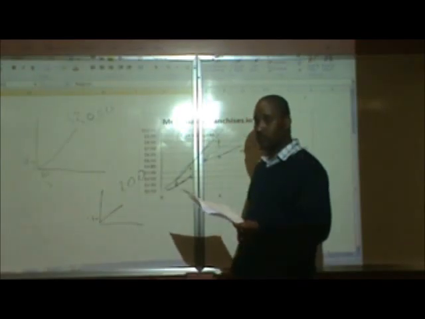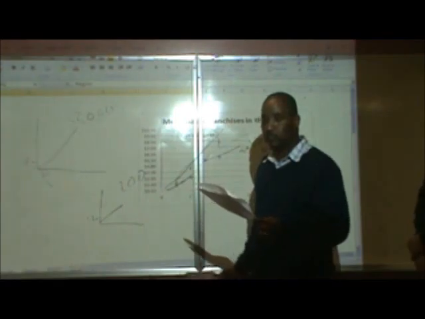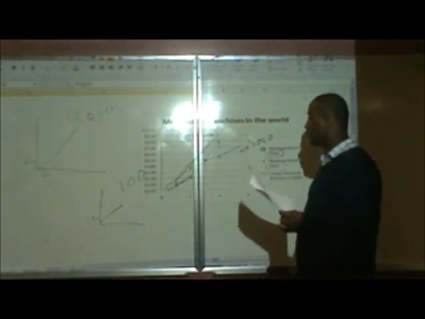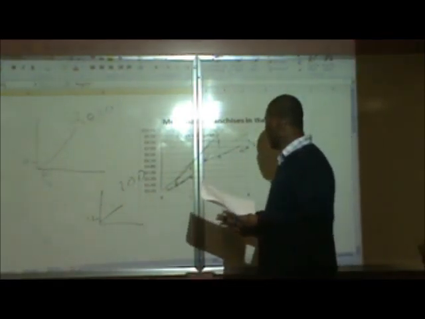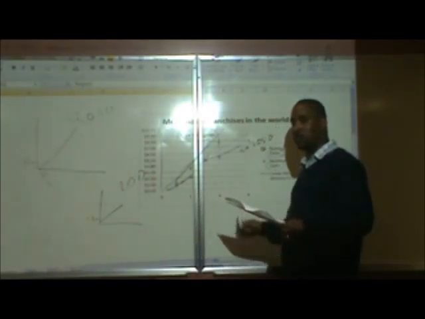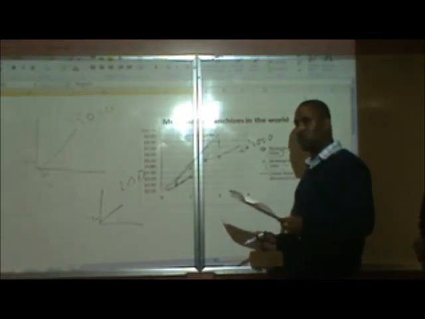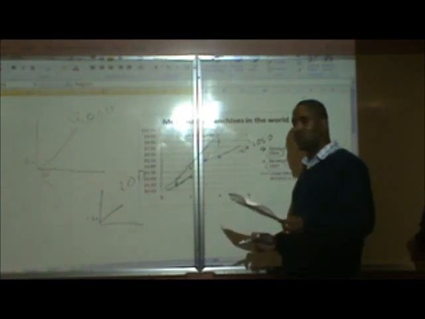How many regions are there? 4 or 5? I can't remember. 4. There's 4: 1, 2, 3, and 4. It seems to me you're getting the data about the regions onto a single graph, and you're getting time confused into this.